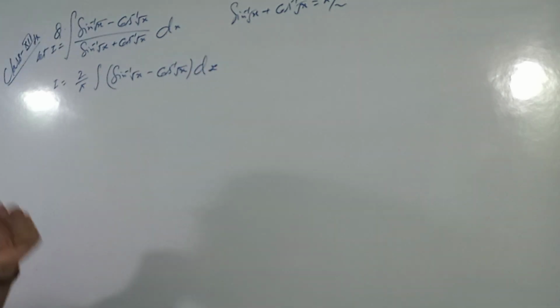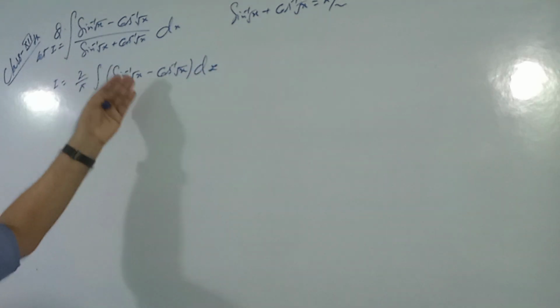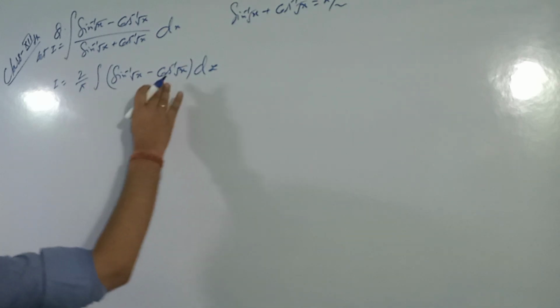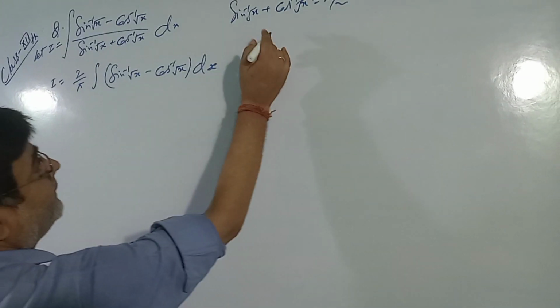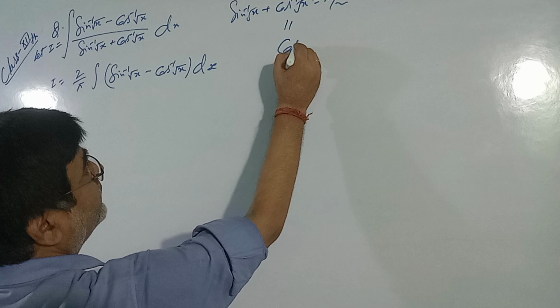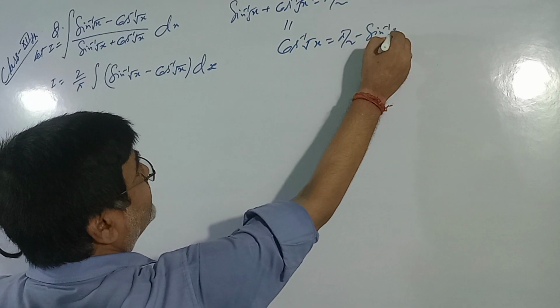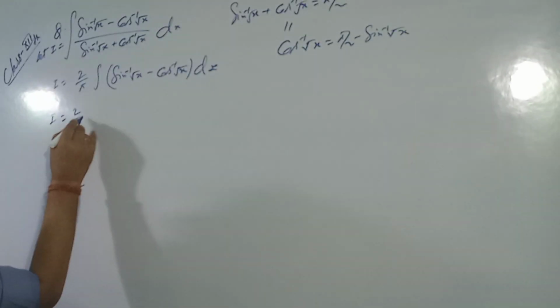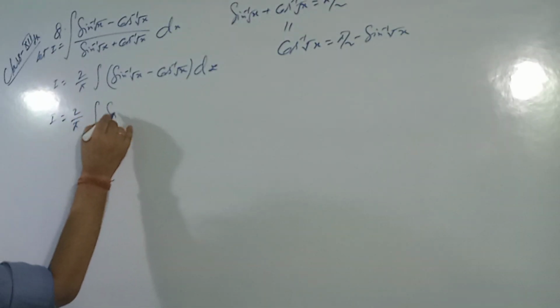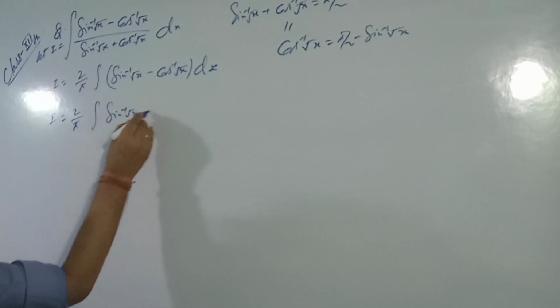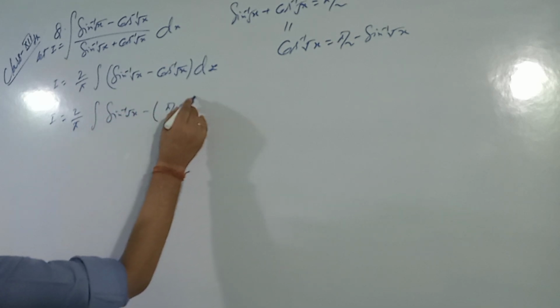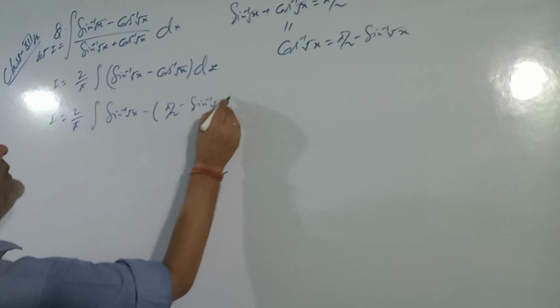Right, students? So I have also solved it. Cos inverse root x equals pi by 2 minus sin inverse root x. So I equals 2 by pi times the integral of (sin inverse root x minus (pi by 2 minus sin inverse root x)) dx.